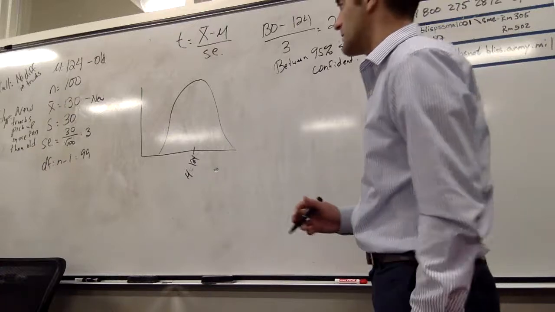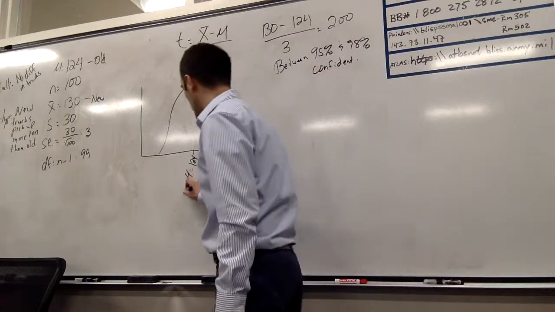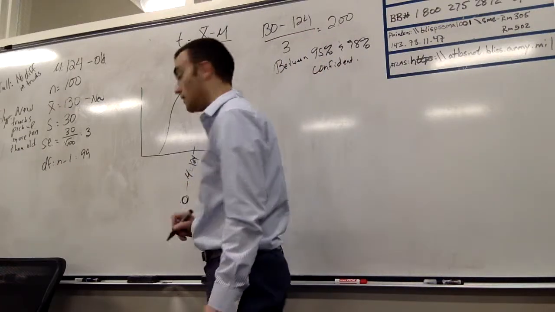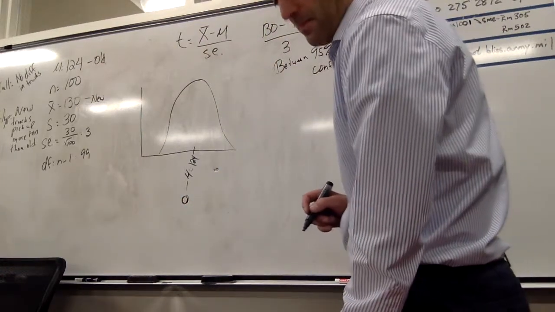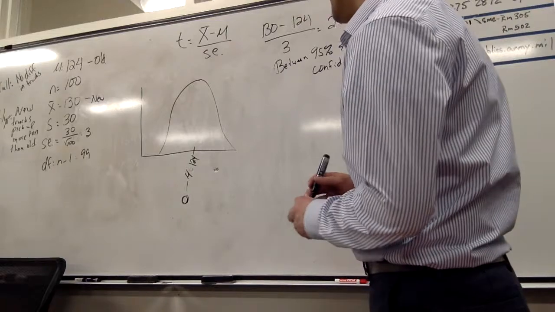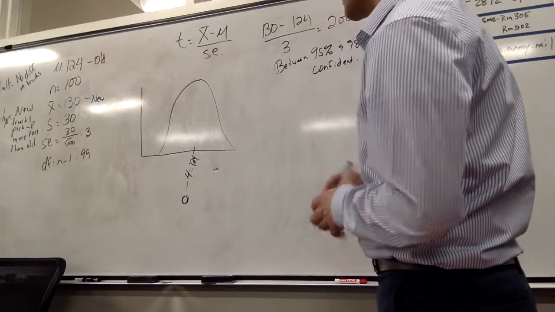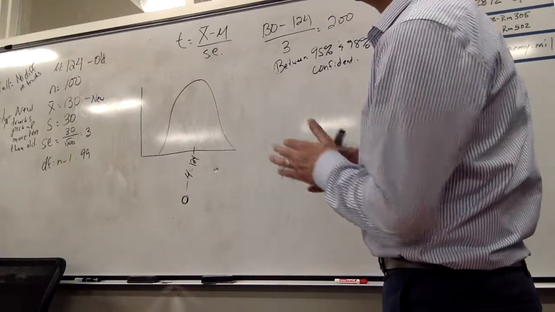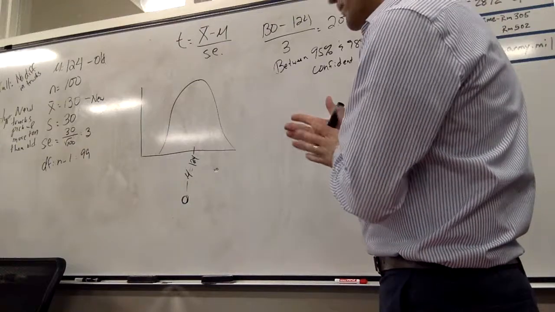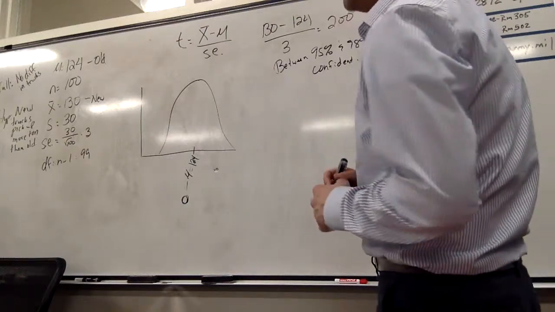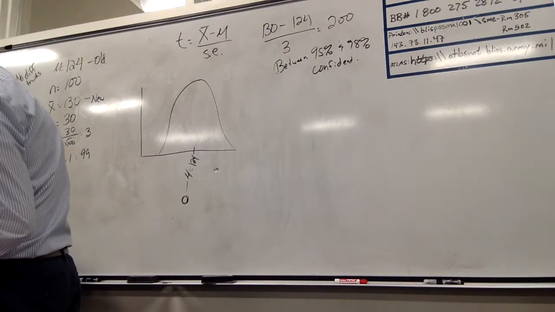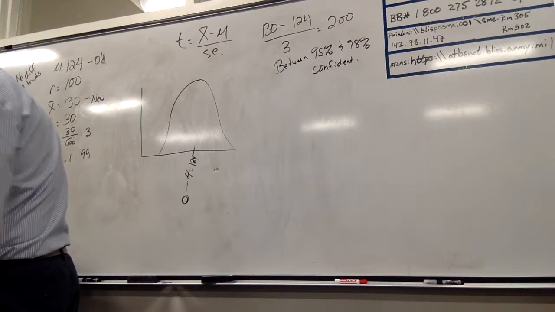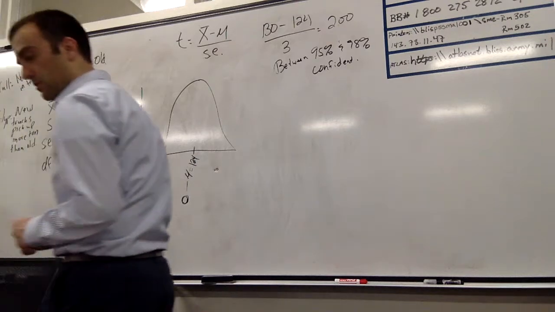Basically, we're going to normalize now this 124 to 0, like we did with the z-scores. So the 124 corresponds to a 0. Go to your t-table on page 452.